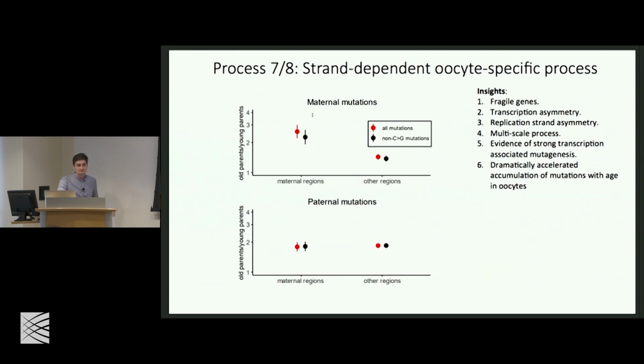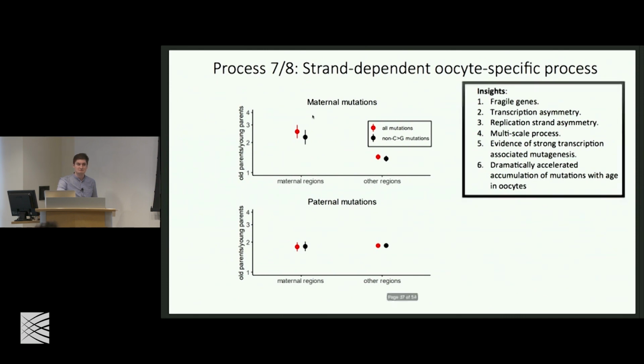So the age dependency of paternal age has been historically interpreted as the number of cell divisions. Age dependency for maternal cells, for oocytes, is an extremely interesting process because it's completely unrelated to replicating cells. So this is why this is a window into DNA damage processes.